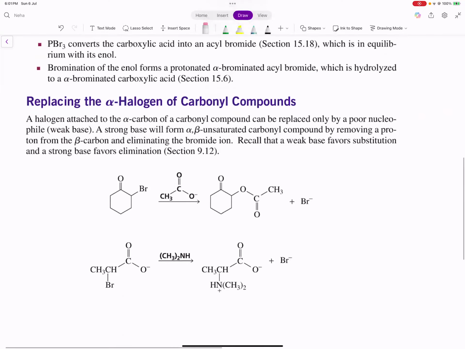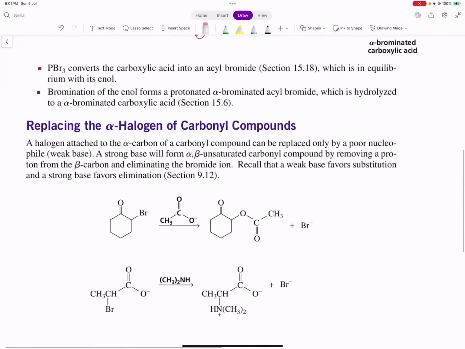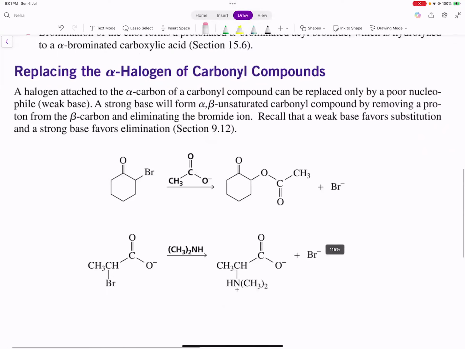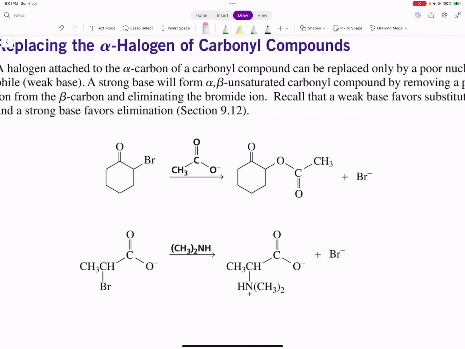So replacing the alpha halogen of carbonyl compound. See, now we can do all those nucleophilic substitution reactions. Right?